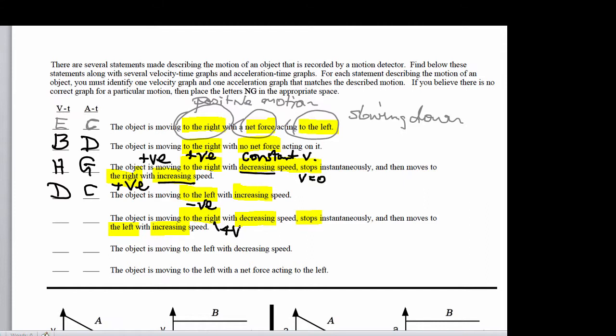Okay, positive, slowing, and then it stops, which means velocity of 0. v equals 0. So what will that look like on a graph? At x equals 0. Yeah, so the velocity will at some point touch the time axis, right?